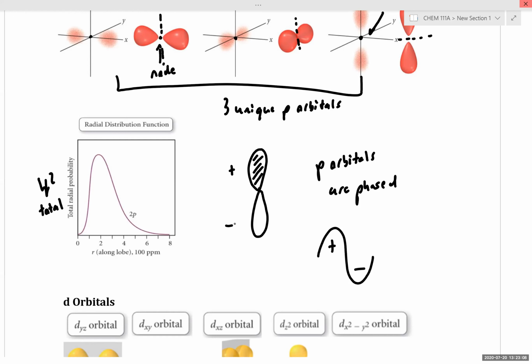I'd like that you draw your p orbitals with one lobe shaded to showcase this idea of phasing. That represents one portion of the p orbital is positively phased, not charge, phase, while one region has a negative phase, not charge, phase. This will be important later on, so I'm just laying this groundwork now.